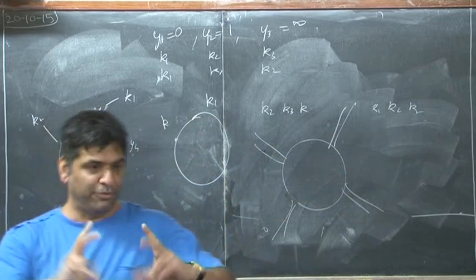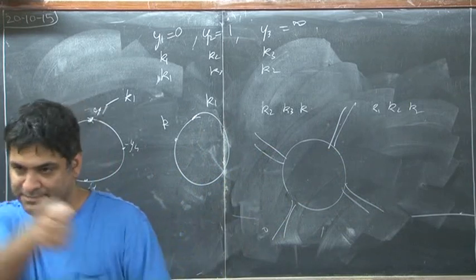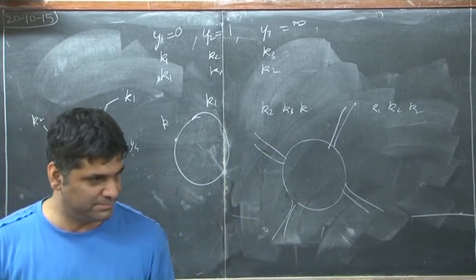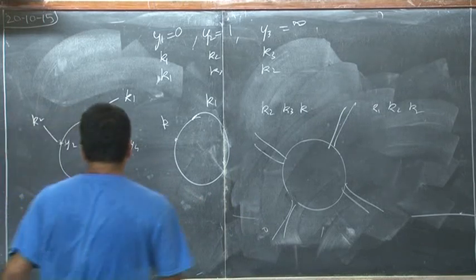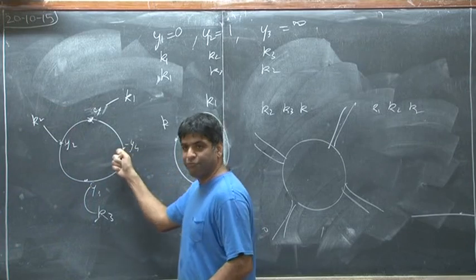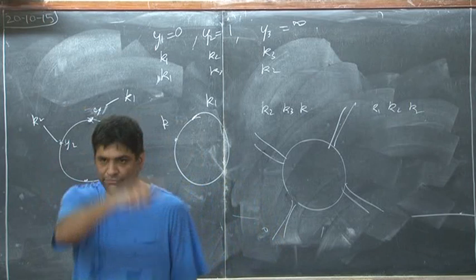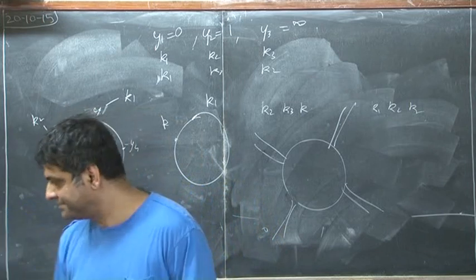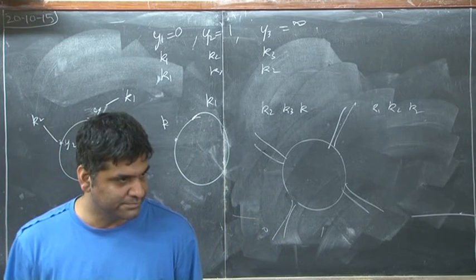These cannot be changed by diffeomorphism. With a particular ordering, then you can fix the points. Is this clear? Since I'm going to sum over Y4, with the K4 guy being anywhere, we only need to keep track of the cyclic orderings of K1, K2, and K3.